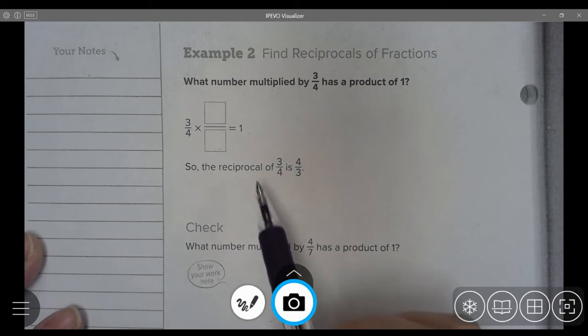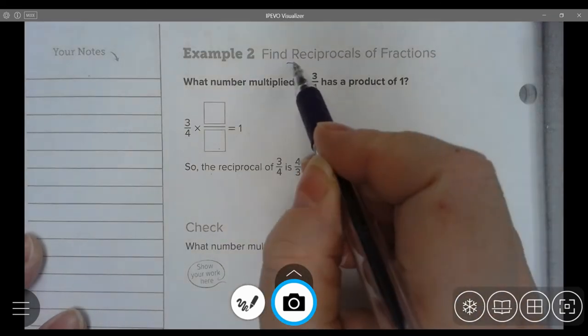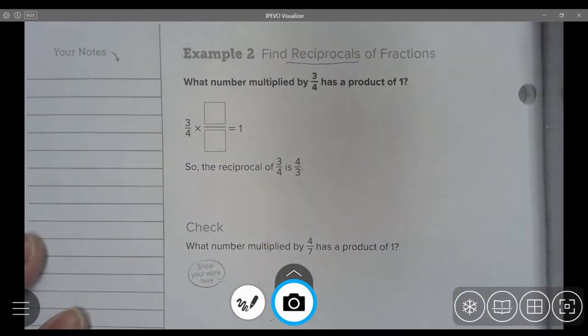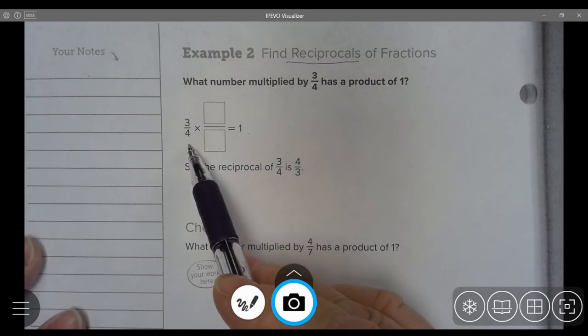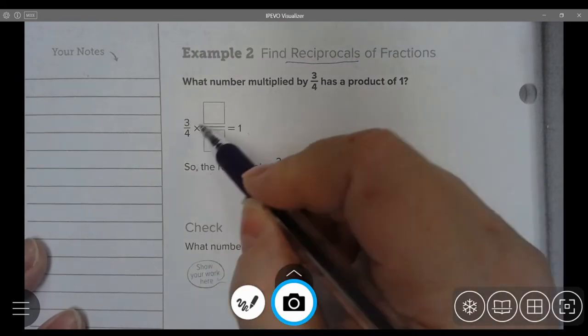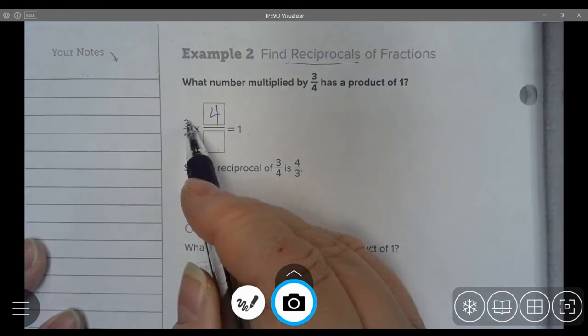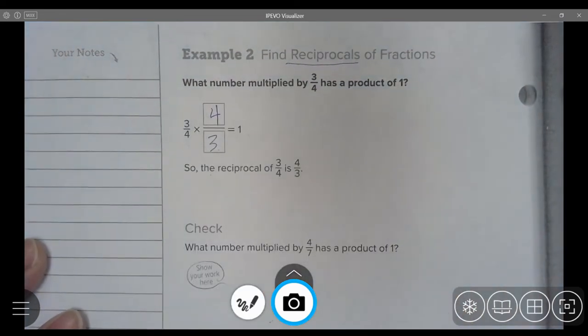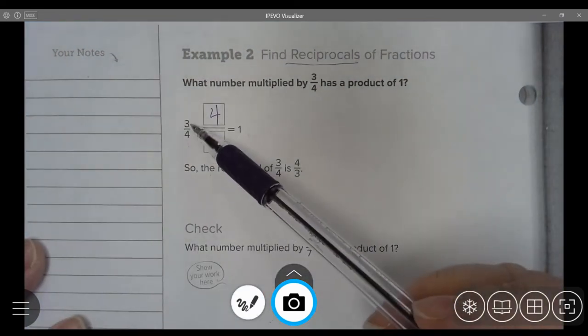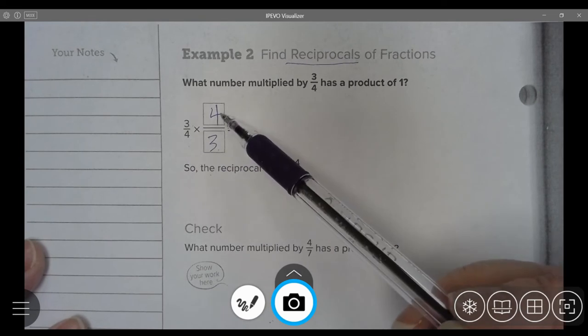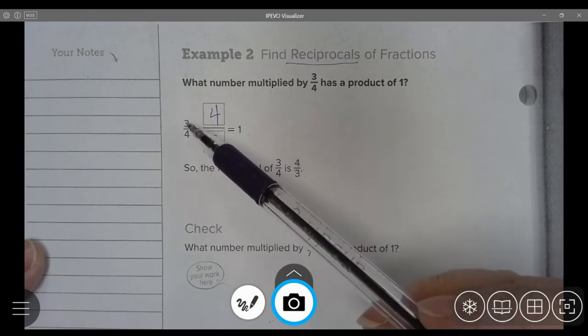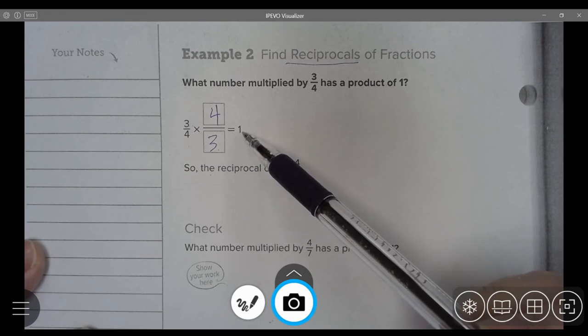So we need to think about it, and we need to use the word reciprocal. So the reciprocal of 3/4, remember, we would take the denominator, make it the numerator, take the numerator, make it the denominator. So the reciprocal of 3/4 is 4/3.